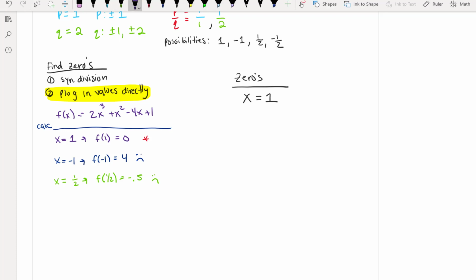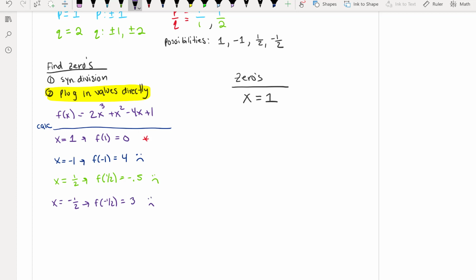So now I'm going to try a different value. Now let's try x is equal to a negative 1/2. So f of a negative 1/2. Let's see what happens when I plug that in. So 2 times a negative 0.5 to the third power plus negative 0.5 squared minus 4 times a negative 0.5 plus 1, and I end up getting a positive 3.